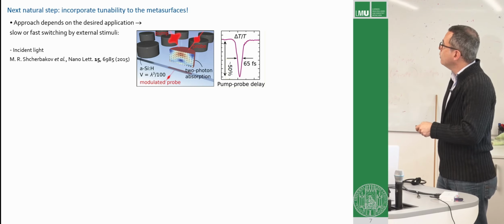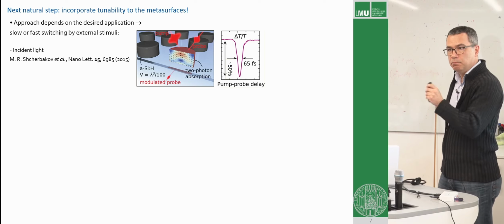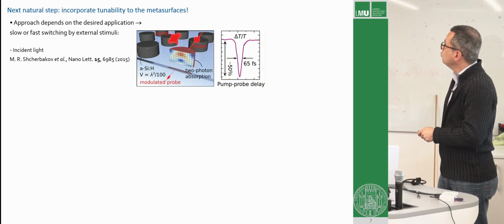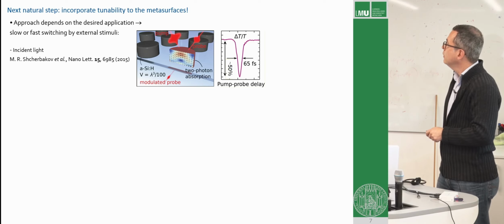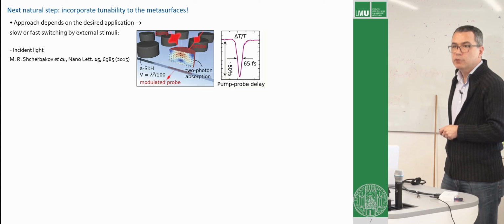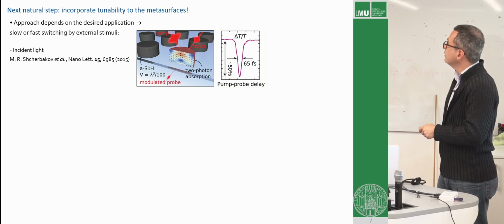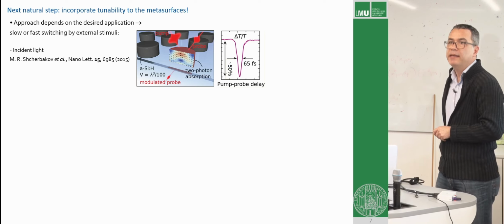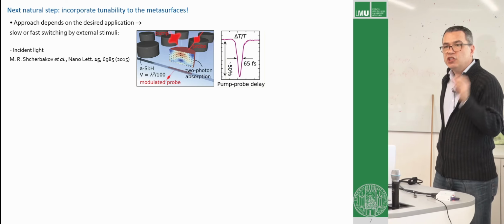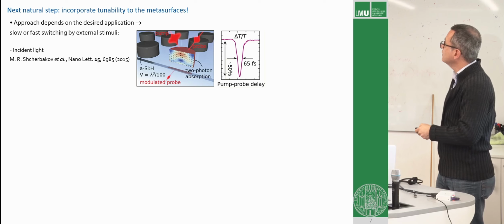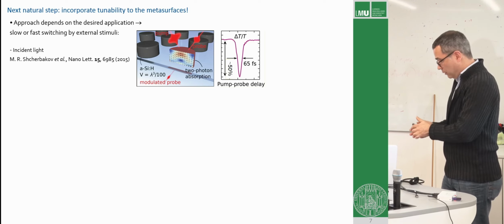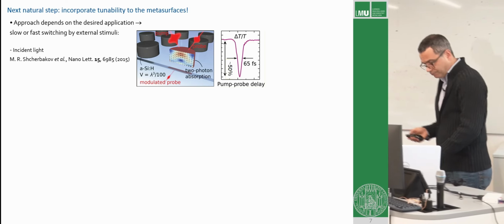But whenever you have a pump, an ultrafast pulse of light, you change the absorption properties of this meta-atom here. In this case, it's a two-photon absorption process, which makes the transmission change a lot in a very fast manner. So you can change the transmission of this metasurface in ultrafast times, right?